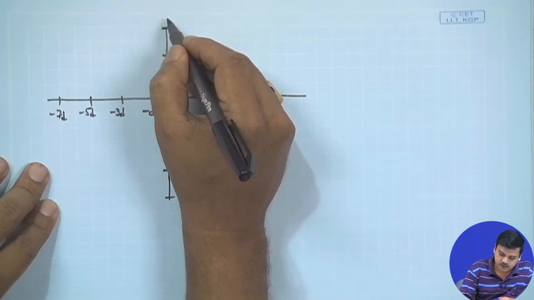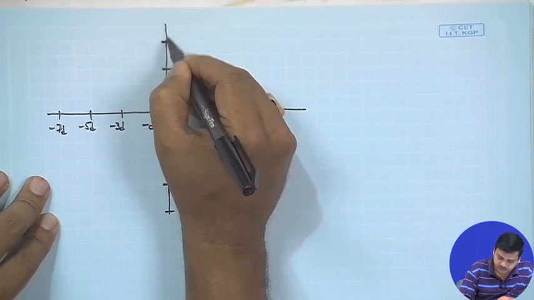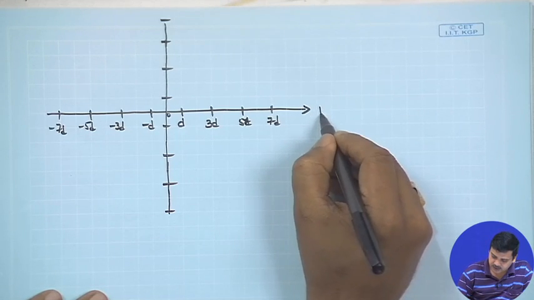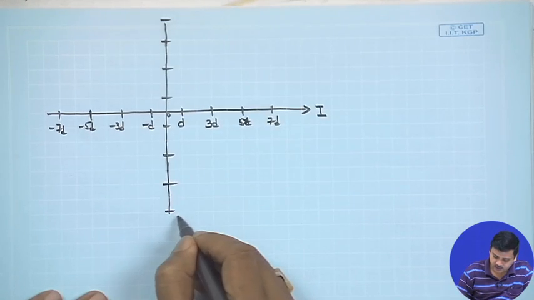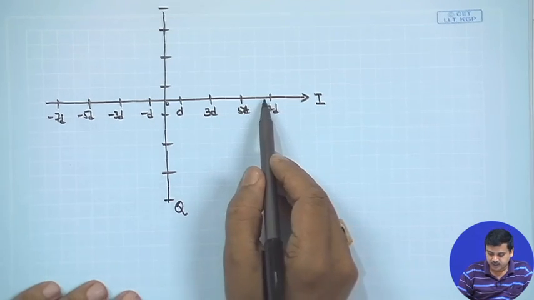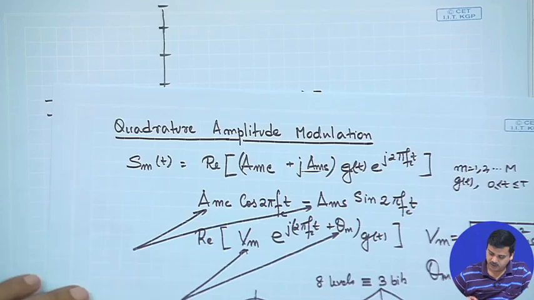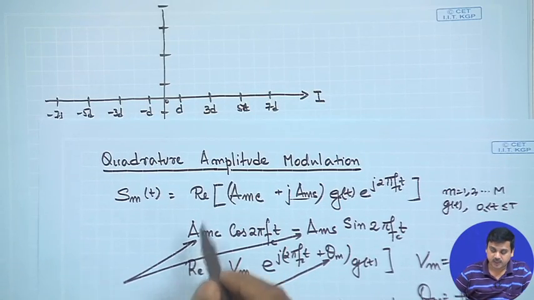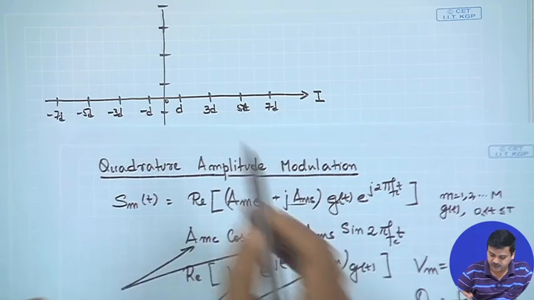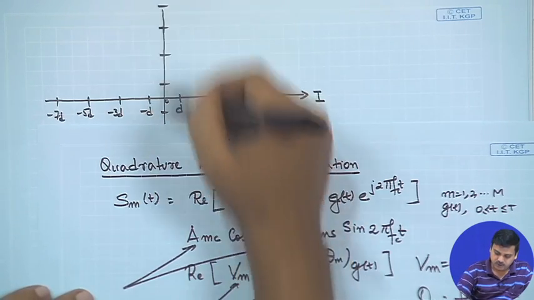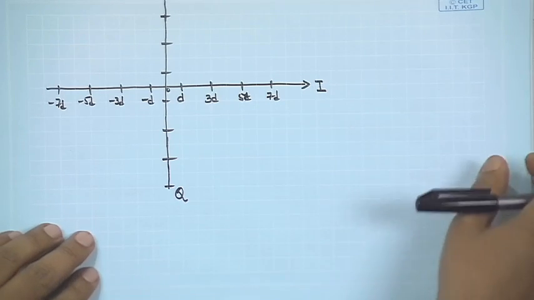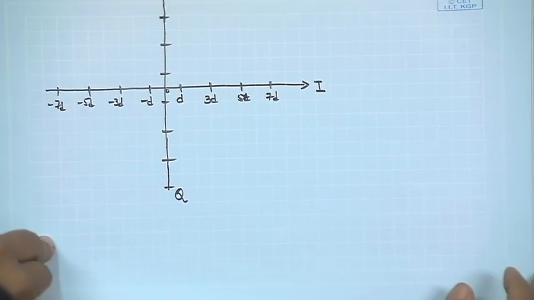And of course, here this will go a little bit higher. In this way, we could say this is the I axis and this vertical one is the Q axis, and whatever amplitude we select here would be used in modulating the cosine carrier. So A_mc, that means whatever level, with D, 3D, minus D, minus 5D, minus 7D, and whatever amplitude we select here could be used to modulate the sine component of the carrier. So, this is a bigger picture.